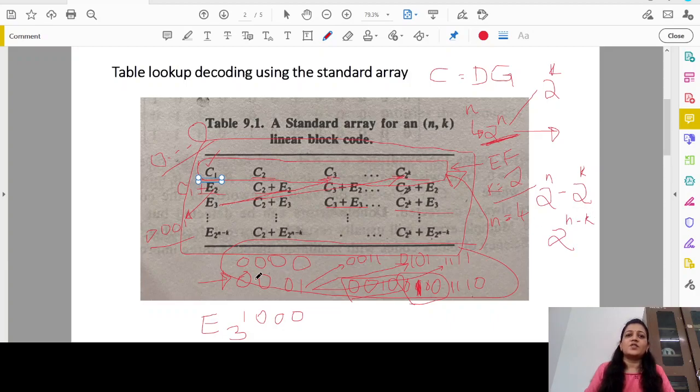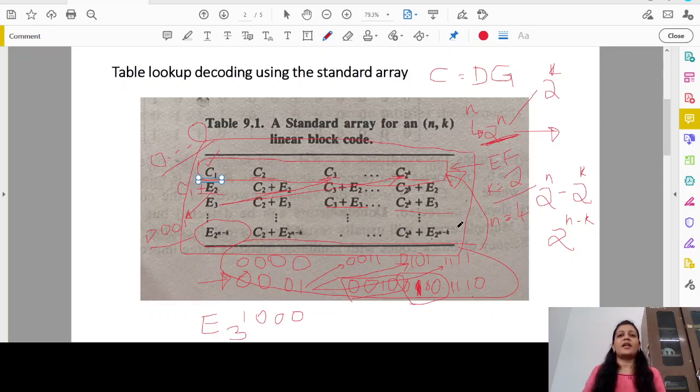That is why the error element is represented as E up to 2 power n minus k, and this entire array is called a standard array. Okay, this is how we will form the standard array.